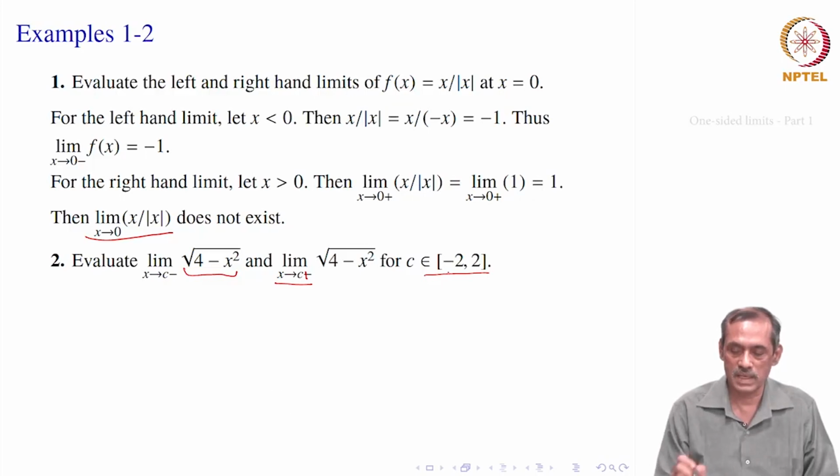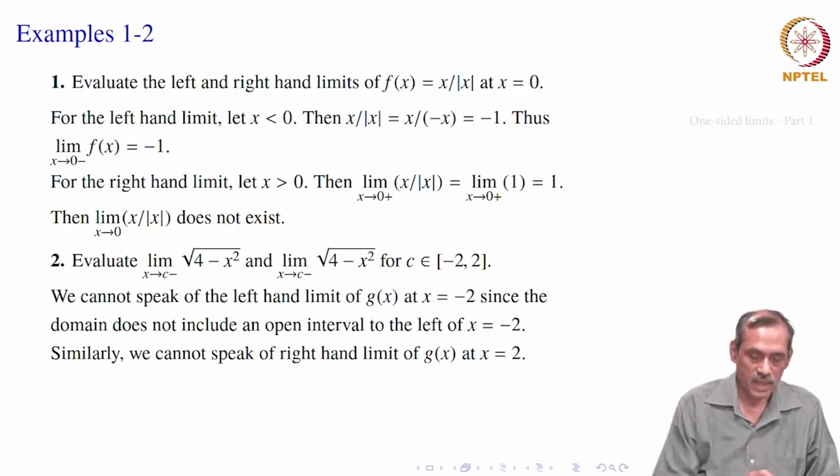Let us say these limits are defined for this, and we want to find out the limits at every point inside the interval minus 2 to 2. So, slightly c is not given exactly, but c is between minus 2 to 2. So, naturally we will consider cases like c equal to minus 2, c equal to 2, or c within minus 2 to 2, but not equal to either of them.